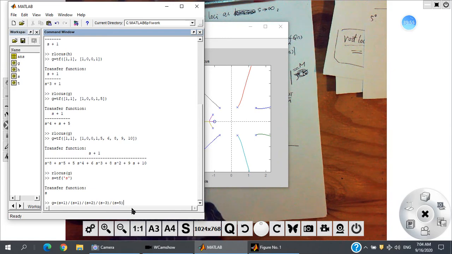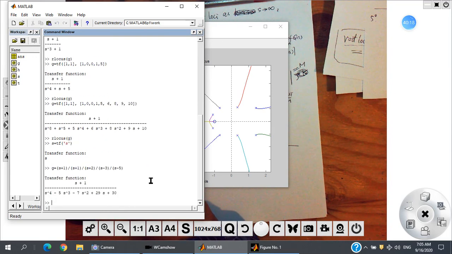So I have 4 poles, but all the poles are real numbers: pole at -1, -2, 3, and -5. So I have 4 poles, right? Then what is the root locus?